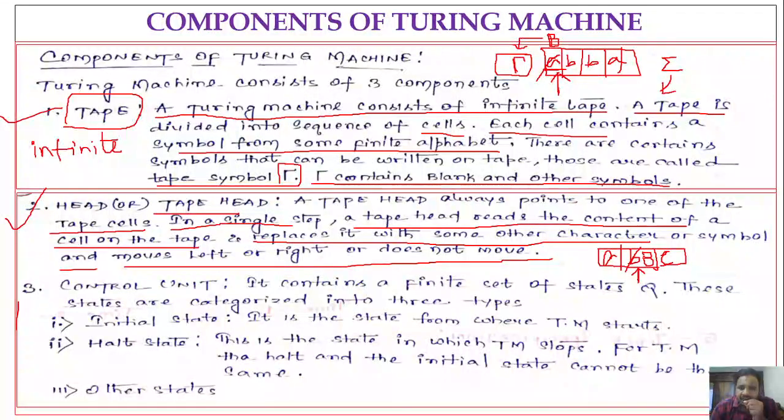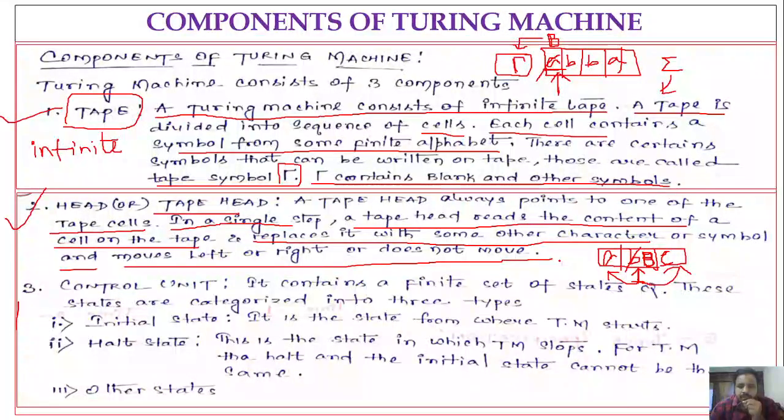After writing this B, we may move the tape head either left or right, or keep it at the same position. If it moves left, it points to input A. If it moves right, it points to input C. Or it may stay in the same position pointing to the blank symbol capital B. This is the speciality of the tape head in the Turing machine.